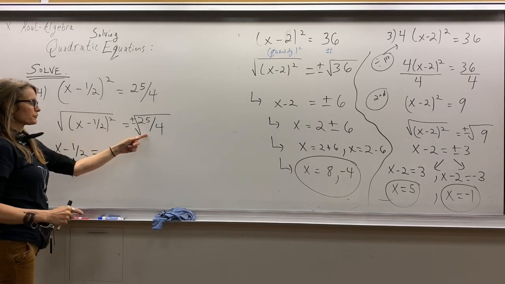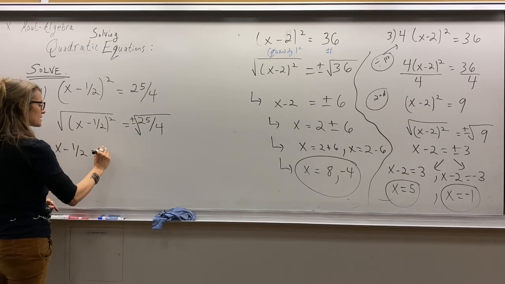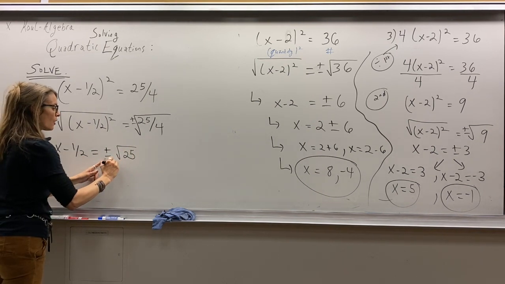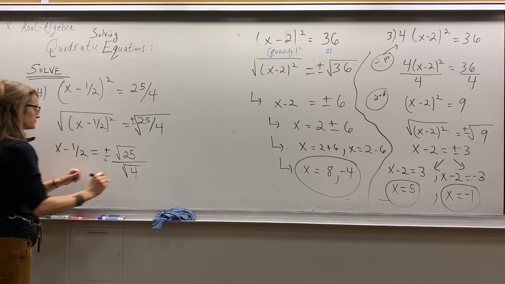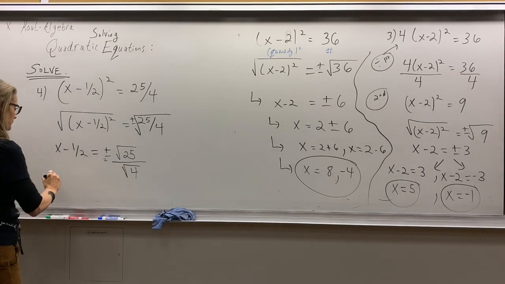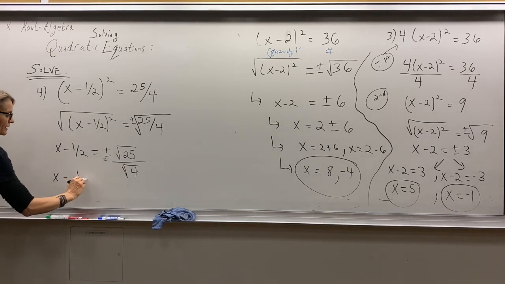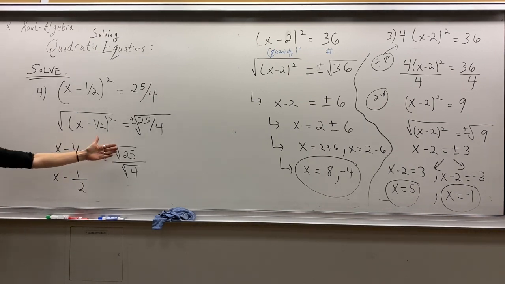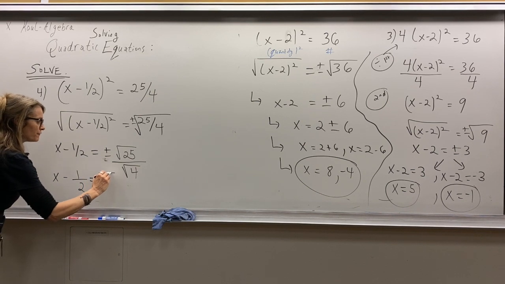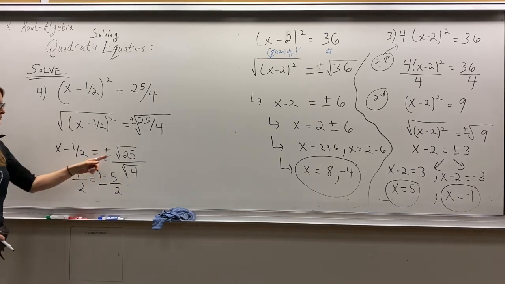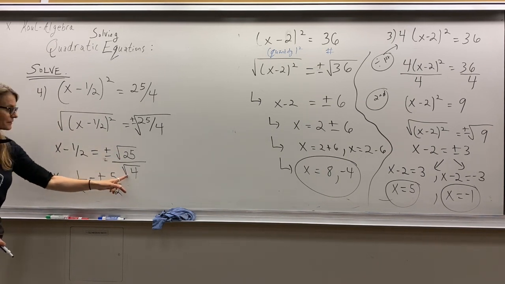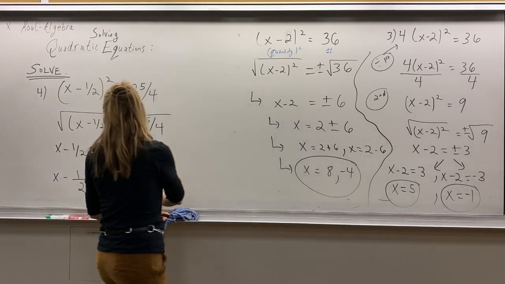Now here's a root of a fraction. This is the same thing as saying the positive and negative root of the square root of 25 over the square root of 4. Okay. So going a little further here, I have x minus 1/2 is equal to positive and negative 5 over 2. So lucky for me, these are both perfect squares, and I'm not left with a radical in the denominator that I have to rationalize. So remember those rules.